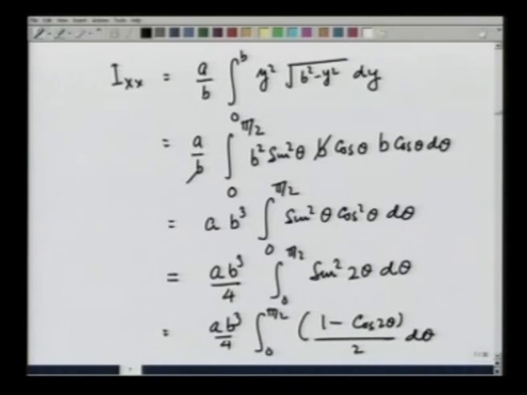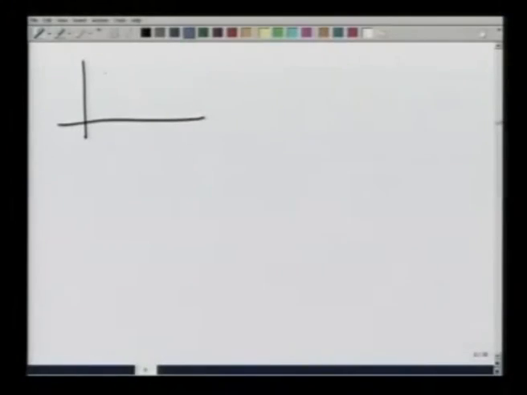Doing this integral, the cosine integral gives me 0, and the first integral is going to give me pi by 4, and therefore, for this shape where this is a, this is b, Ixx equals pi a b cubed over 16.